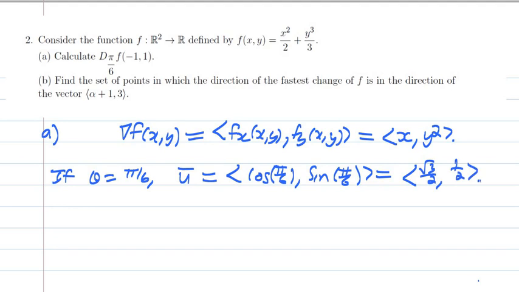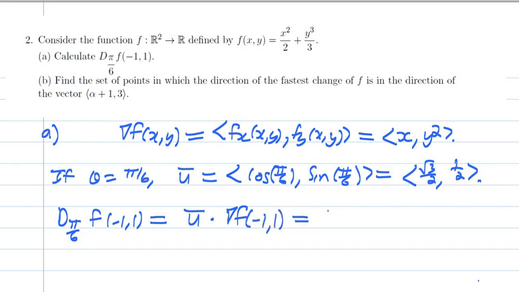Special angles, you got to know them. And so now we can say that the directional derivative at the point (-1, 1) of the function f in the direction of pi over 6 is u dotted with grad f at the point (-1, 1).